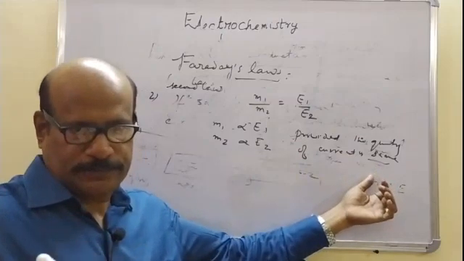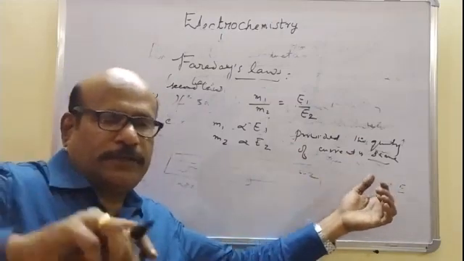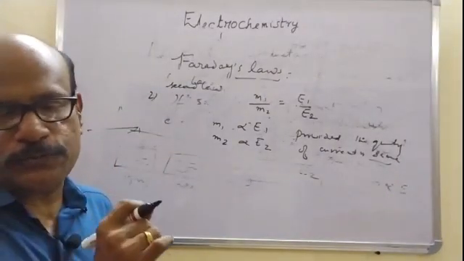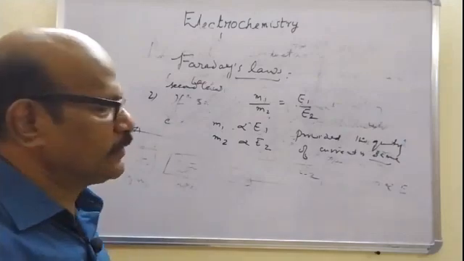On the other hand, the quantity of current required to produce one equivalent mass of any material is always a constant.